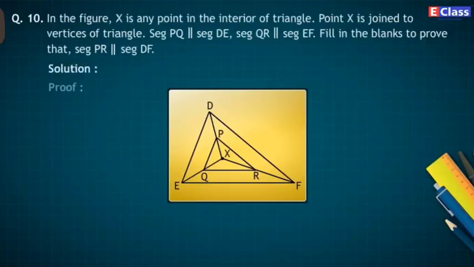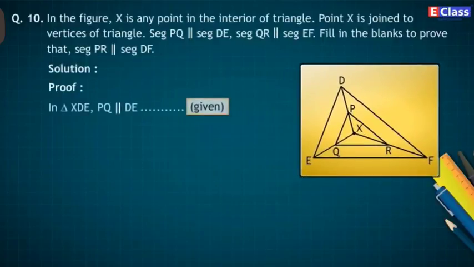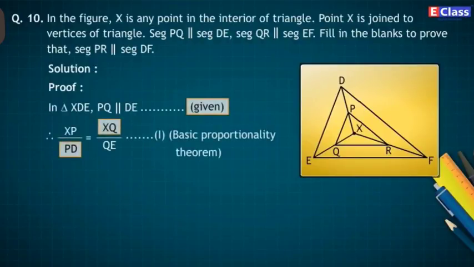Solution: Proof: in triangle XDE, PQ is parallel to DE, given. Hence, XP upon PD is equal to XQ upon QE by basic proportionality theorem. Let us mark it as statement 1.